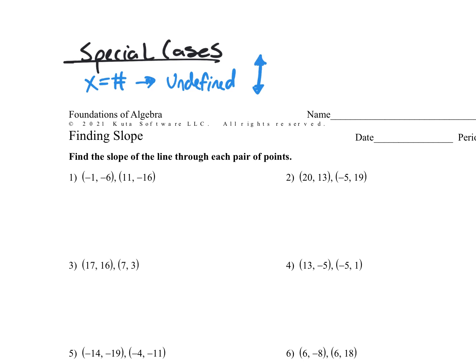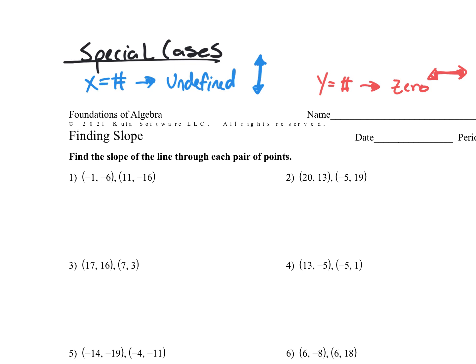So that is one special case. The other special case is when it is y is equal to a number. That is said to have a slope of 0, and on a graph, it is the horizontal lines, the lines going side to side. Okay? Are y'all good with that?